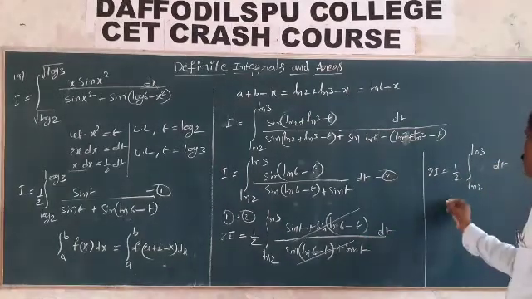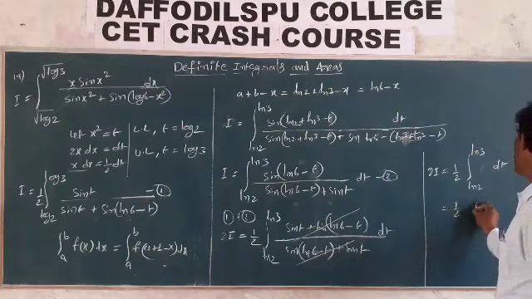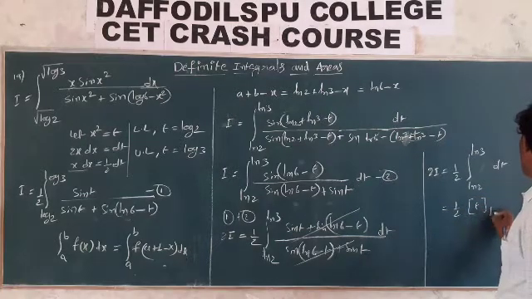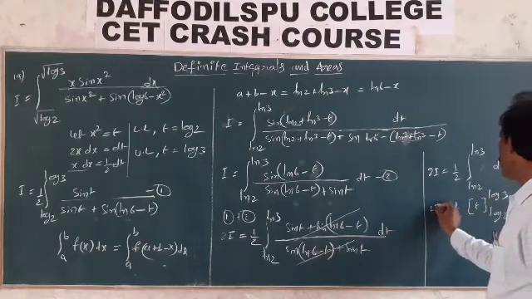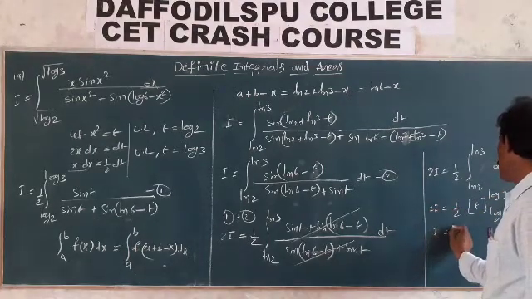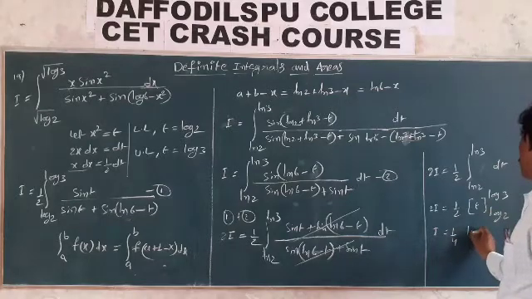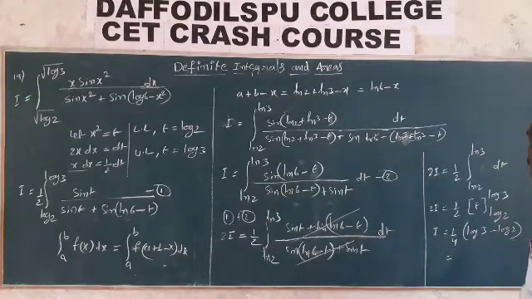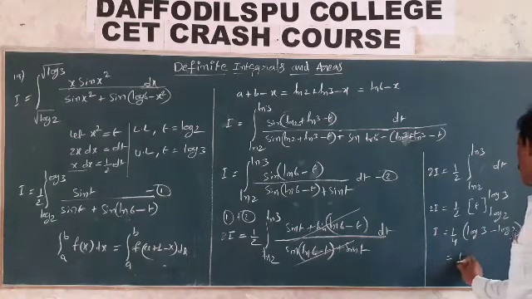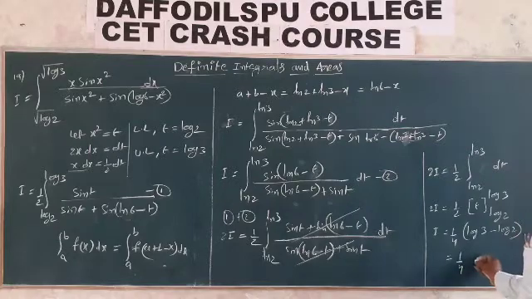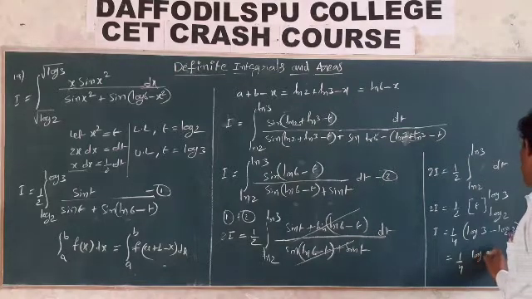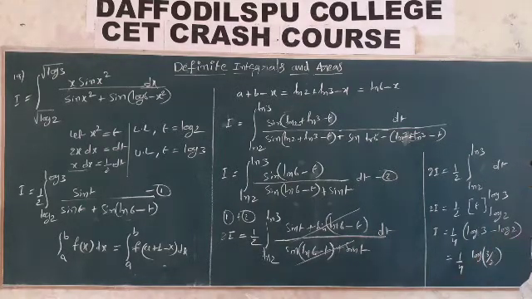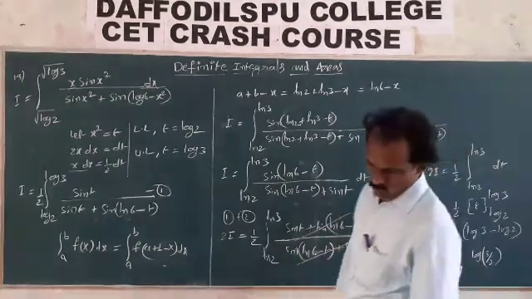So the integral of dt is t, evaluated from ln 2 to ln 3. So I is equal to 1 by 4 times (ln 3 minus ln 2), which is 1 by 4 ln of 3 by 2.